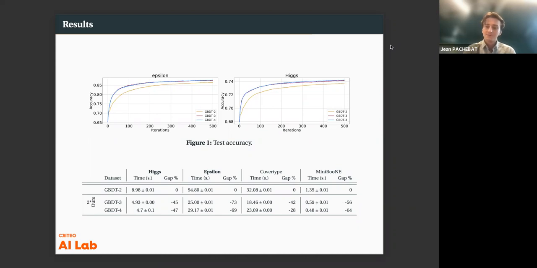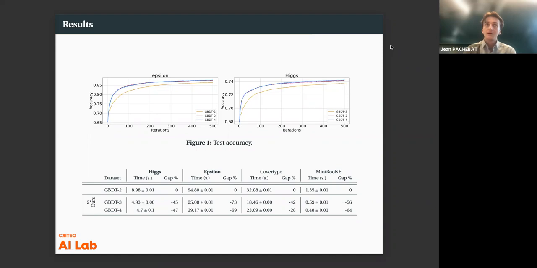So you can use these results to have a more interpretable model, since higher order GBDTs give you models with the same accuracy and fewer trees, so you can easily explore them. That's a very good point.